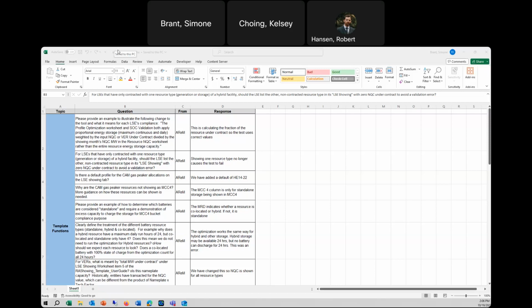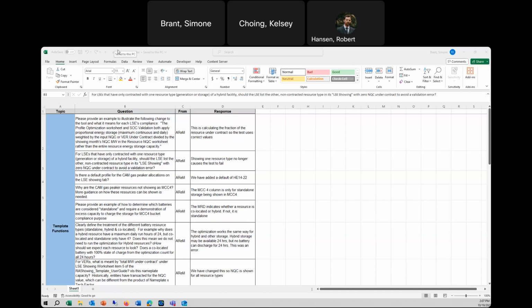If only 10 megawatts of that are shown in the LSE showing tab, prior to this it would have been trying to charge the entire 400 megawatt hours and using that as the state of charge calculation.